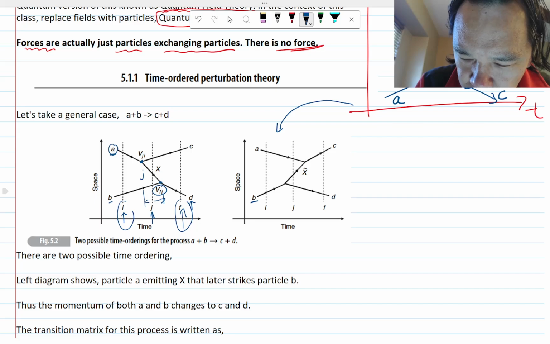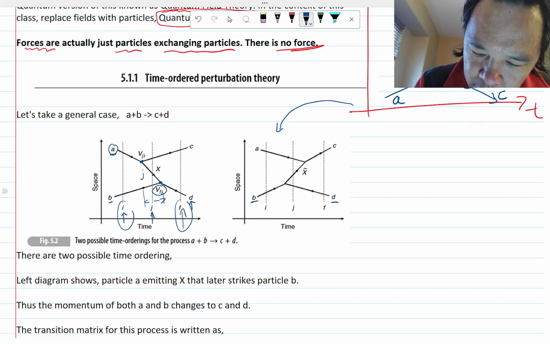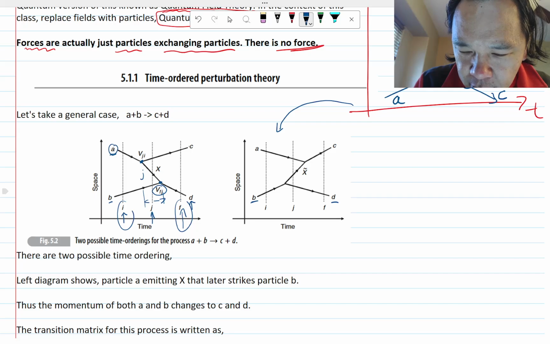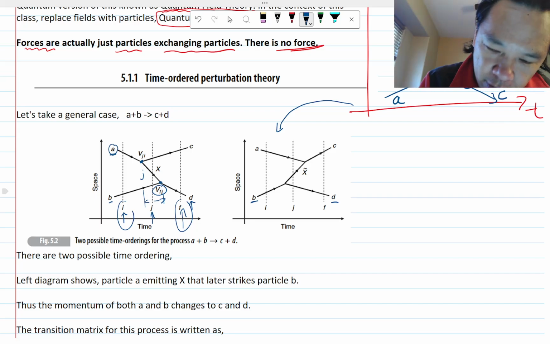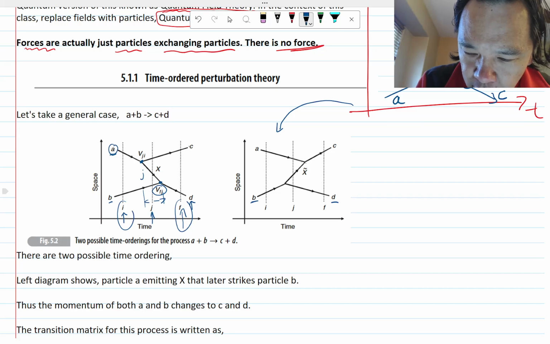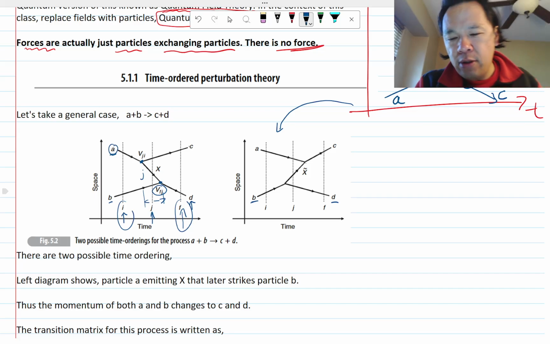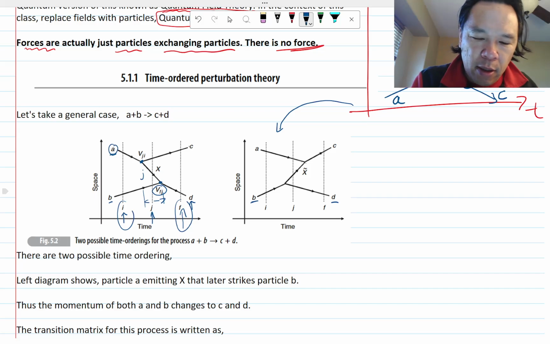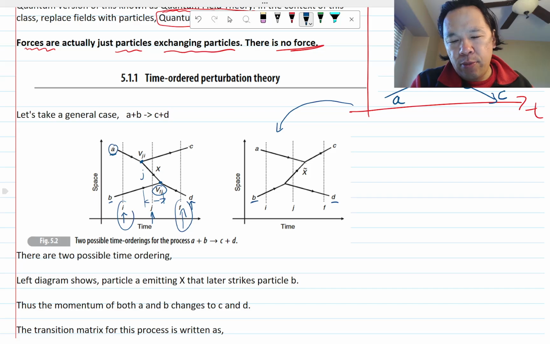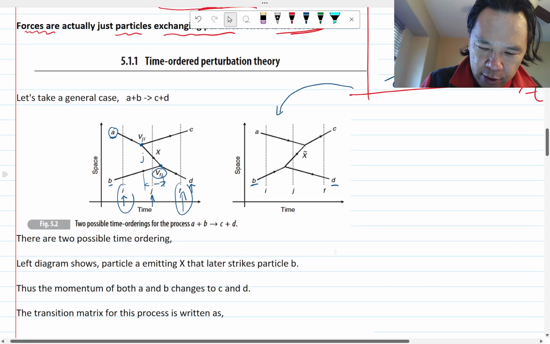To conserve momentum, it's going to go off in a new direction D. And this particle, we're going to call it X tilde, so it could be a different particle. It goes off and strikes particle A that's also coming in, and the particle with momentum A goes off in a new direction with momentum C. Okay, that was a lot of words.